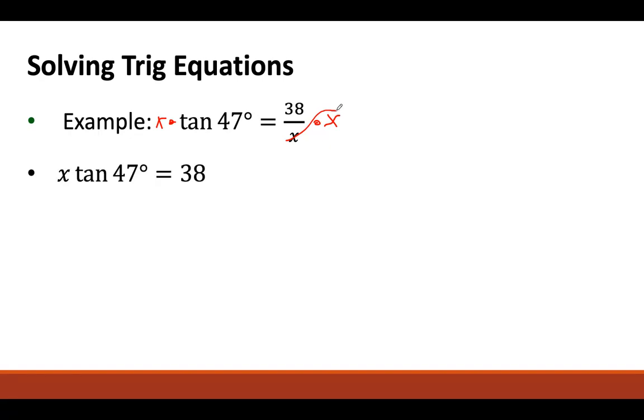So you should get x times tangent 47 degrees equals 38, but x is not by itself, so you'll need to divide by tangent of 47 on both sides of the equation.